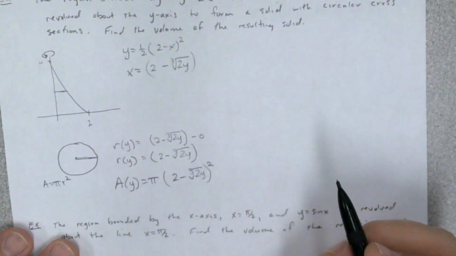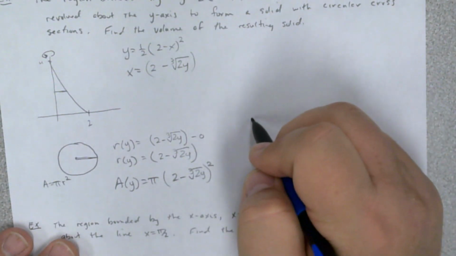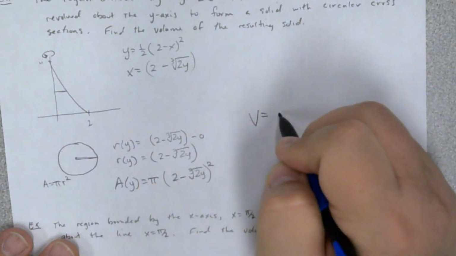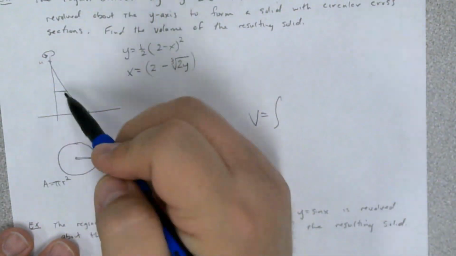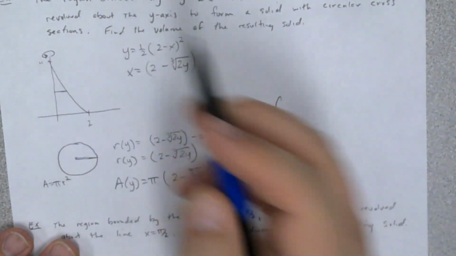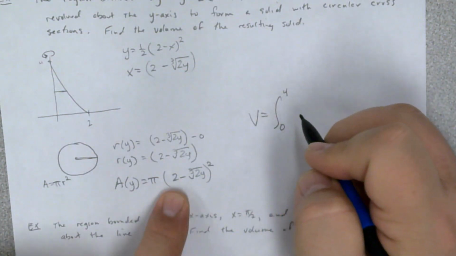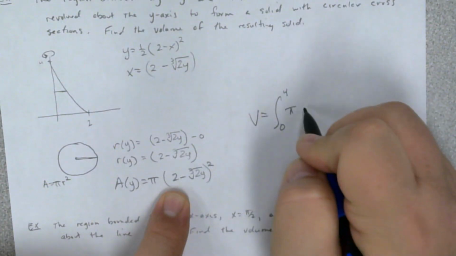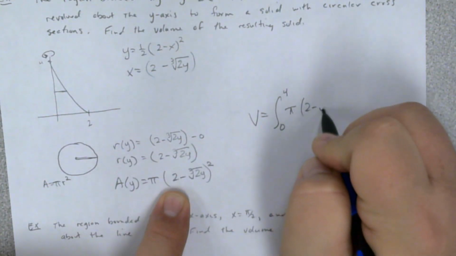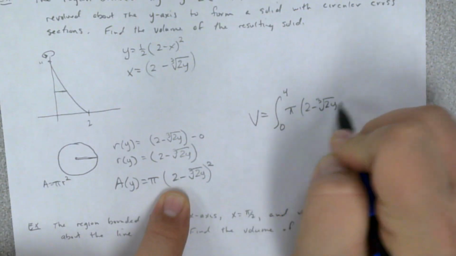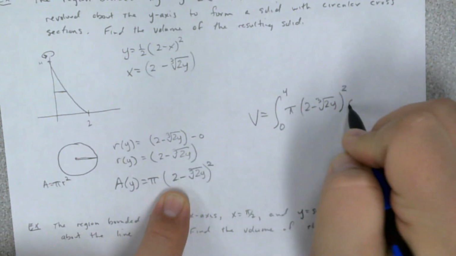Okay? And so then we can find our volume now. It's the integration. Now, these segments are going from 0 up to 4. So from 0 to 4, A of y, dy. So then we just type in all this, dy.